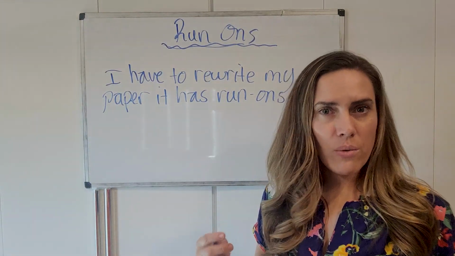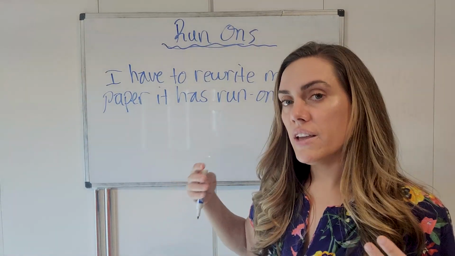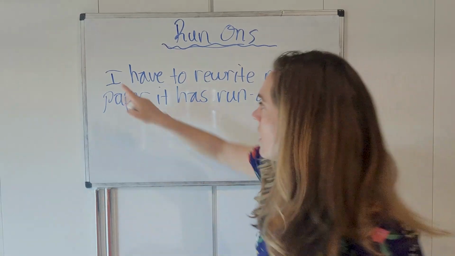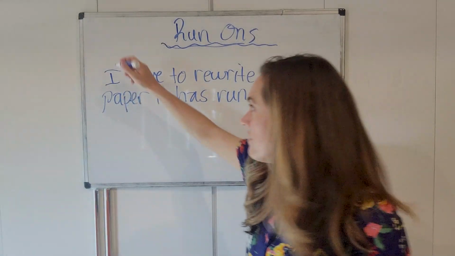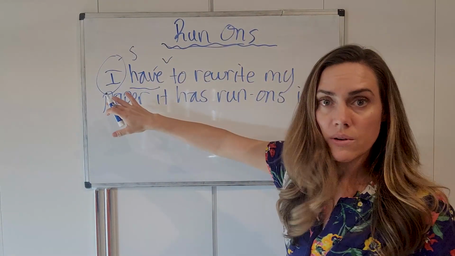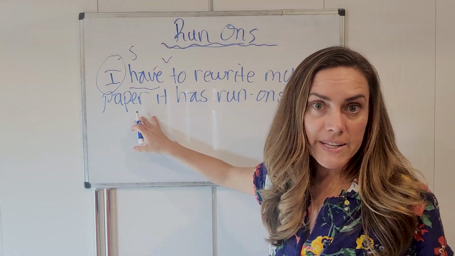And how do you know that? Well, you can hear it sometimes when you're reading, but if you look at the structure of the sentence, just look at it. I have to rewrite my paper. We have the subject, we have a verb, we have a complete thought.